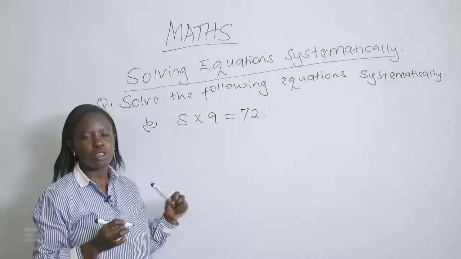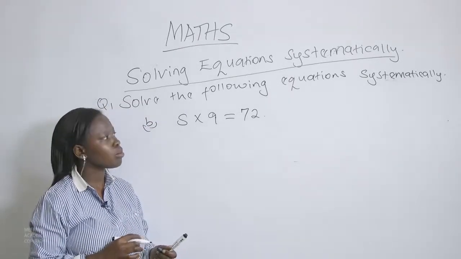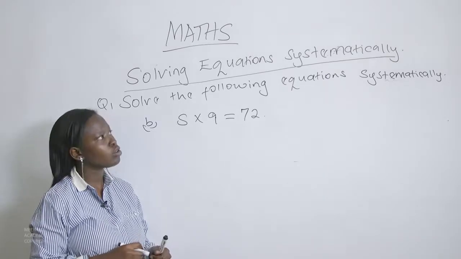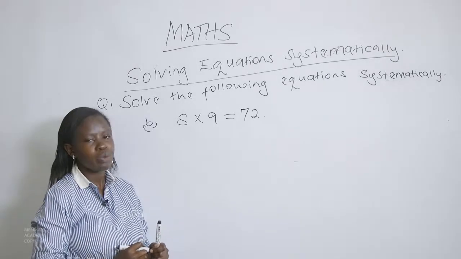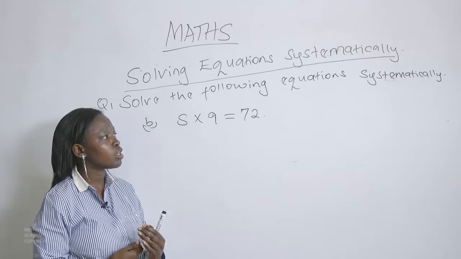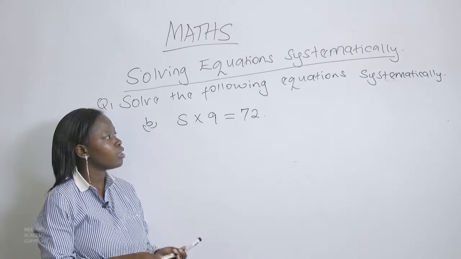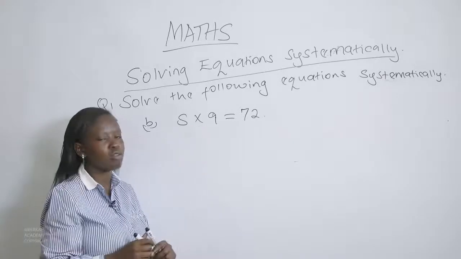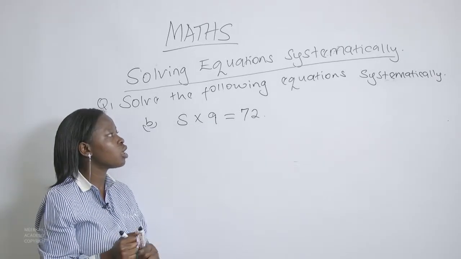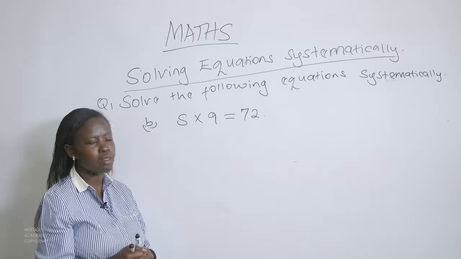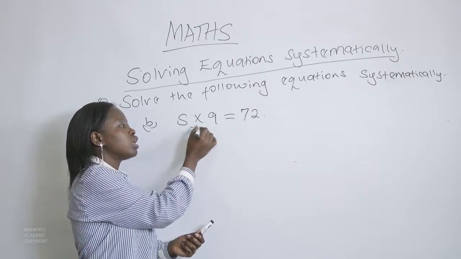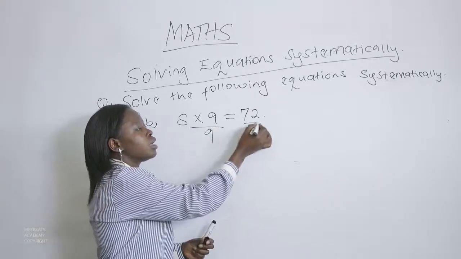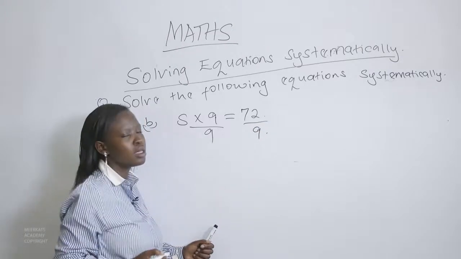We have the equation s times 9 is equal to 72, and we need to solve the equation systematically. So this means that we are having a multiplication. We need to get the value of s in our equation. So to obtain the value of s, we divide the left-hand side by 9, divide the right-hand side by 9.